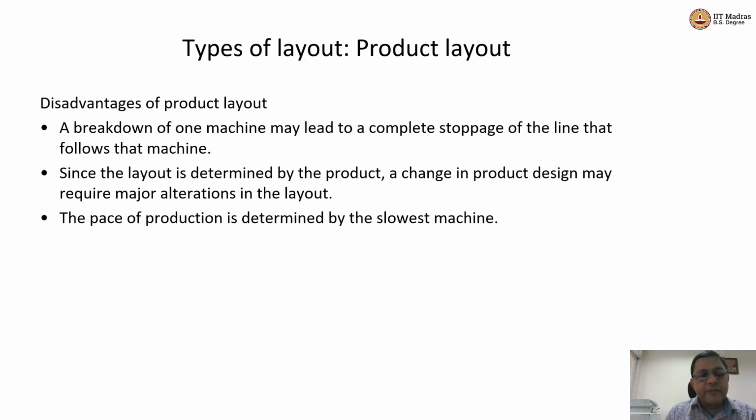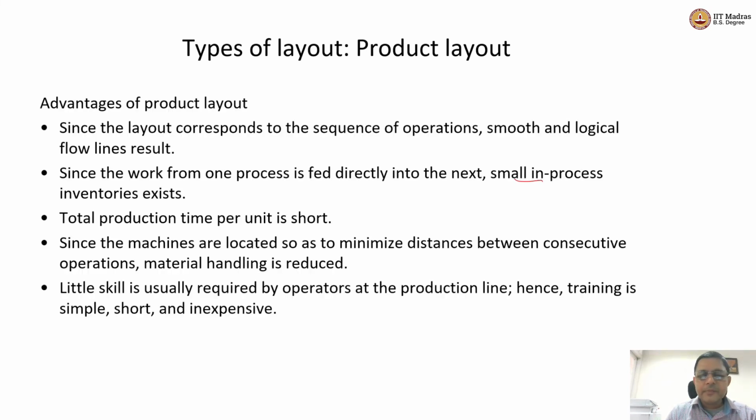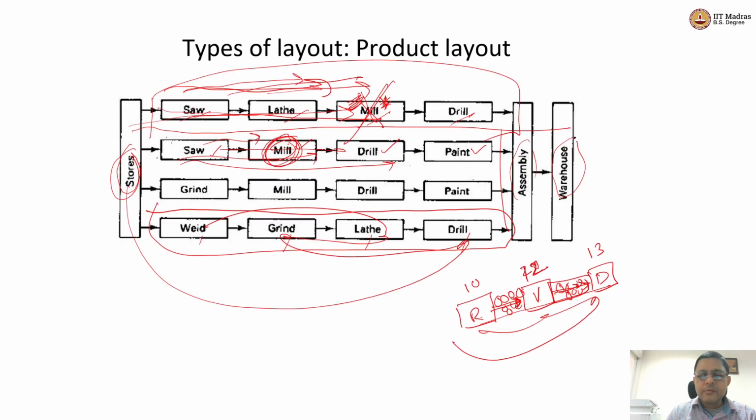Thirdly, the pace of the production is governed by the slowest machine, right? Go back to that example. Which example am I going to talk about now? This example. Now let us say that the vitals take 20 minutes. Now the registration takes only 10 minutes.